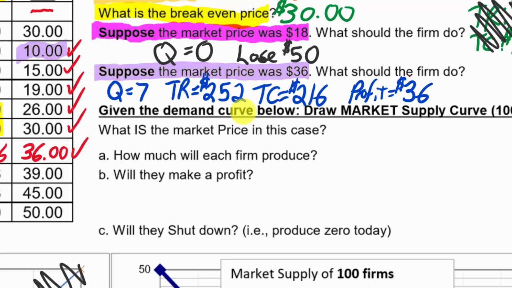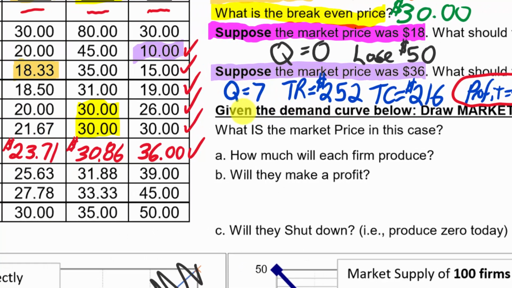Now there is a slight difference, and the difference is rounding error. Why we're not getting exactly the same thing as $36 is this $30.86 here is rounded. If you really take the total cost of $216 and you divide it by 7, you don't get $30.86 exactly. We rounded that number a little bit.